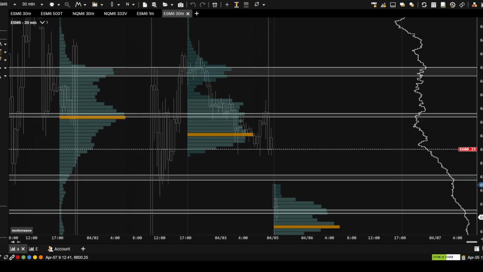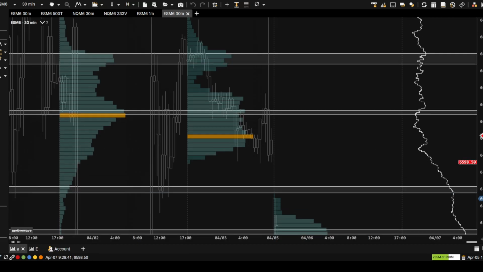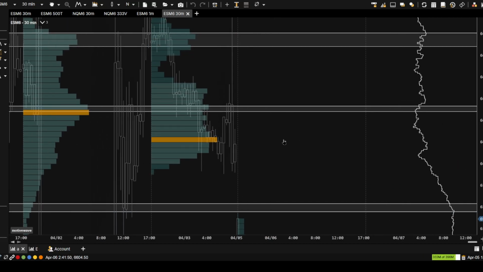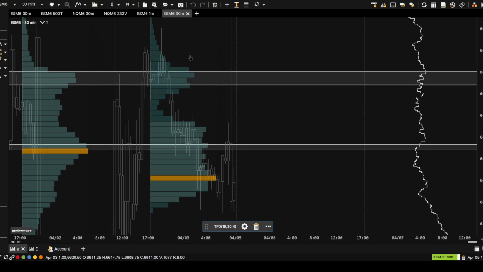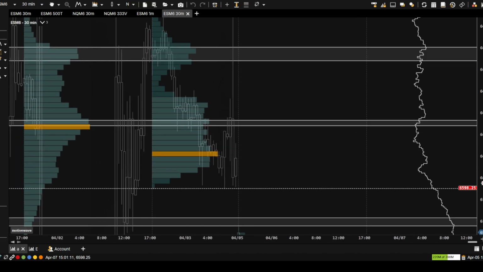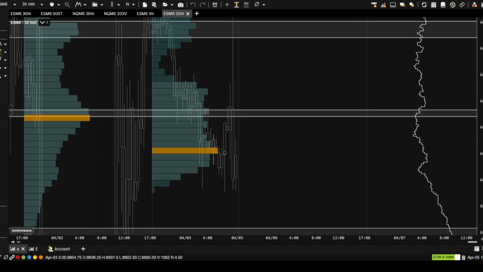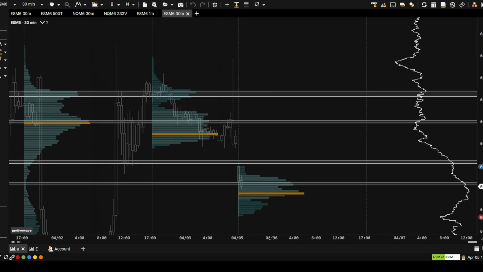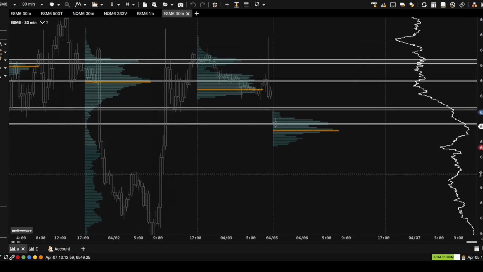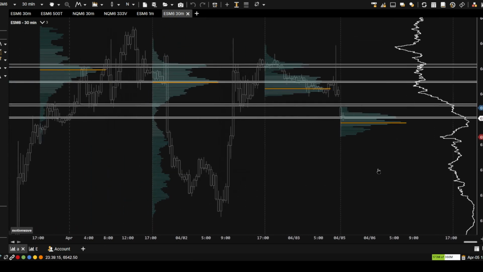But if we accept above 600, we will be accepting above this value area low of this daily volume profile on day-to-day basis, and the naked POC at this moment, but it doesn't matter really to me.